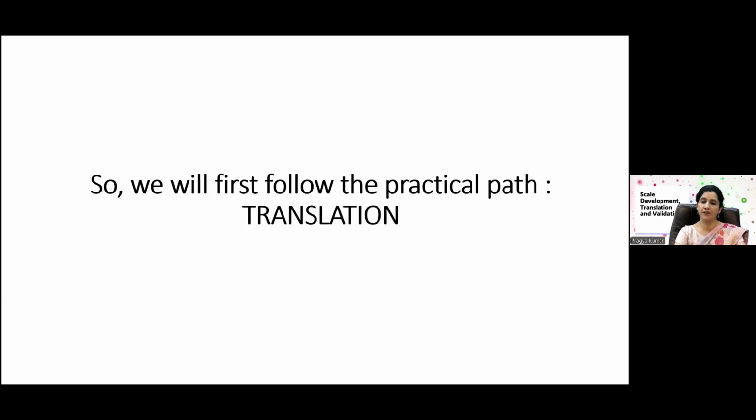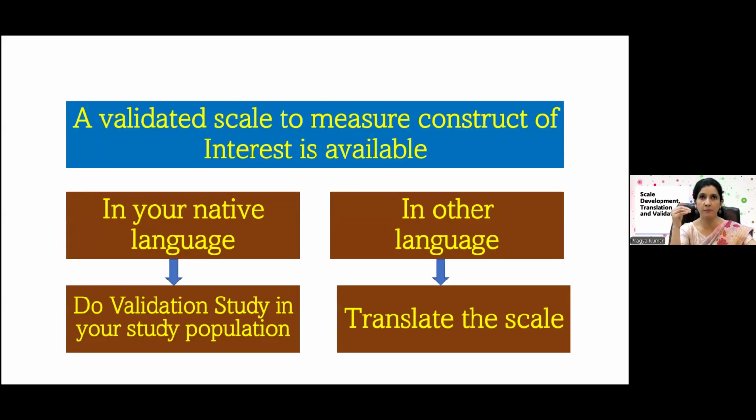So first, we will tell you what to do if there is an already existing scale. Already existing scales are in English, and if you are interviewing patients, generally the study unit is patients or medical students. Then you need to translate it into the local language. We'll see how to do that, because translation is a process which needs to be followed in a stepwise manner.